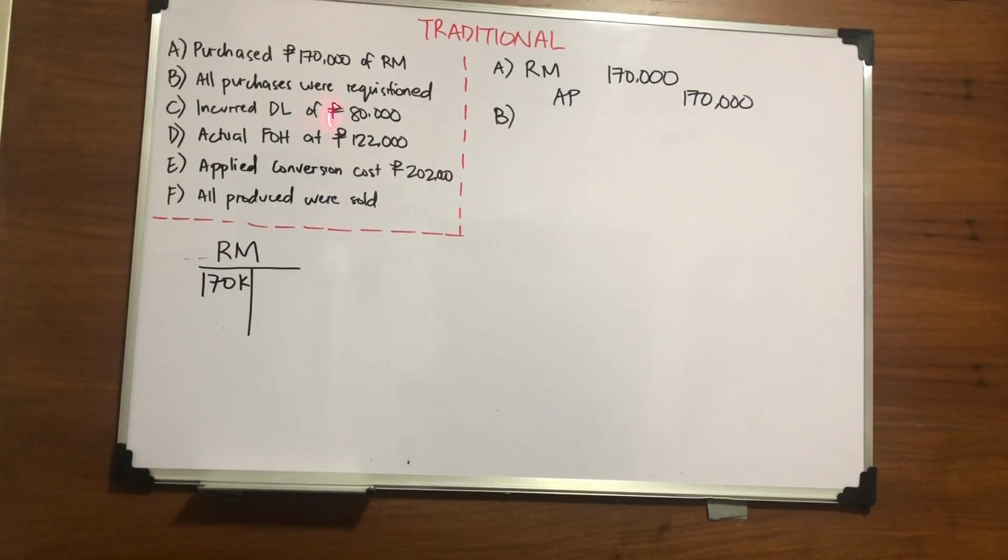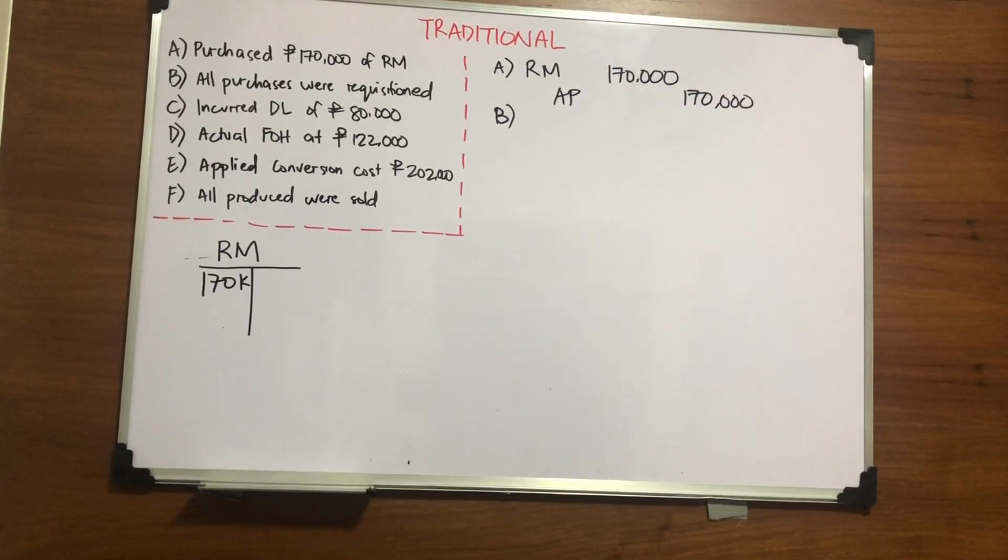So the material requisition form is prepared by the production supervisor, wherein it states the quantity and the unit cost of the materials that will be used for the production. Okay, so in this case, the 170,000 pesos worth of raw materials will all be used for production.